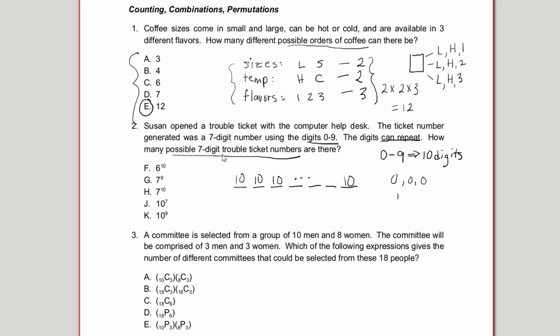So we do 10 times 10 times 10, on and on. We have 7 tens. A shorthand for that, since we've multiplied 10 together 7 times, is 10 to the 7th power, which is answer choice J.